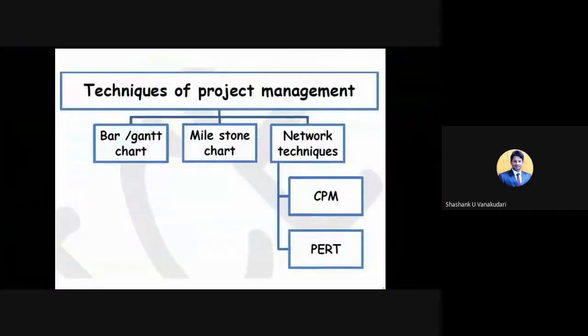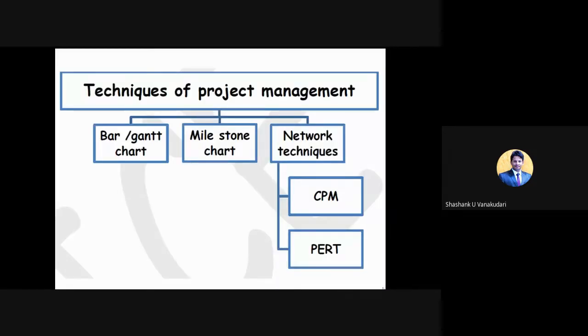So we'll start with the different techniques of project management. I think in the previous sessions we have discussed in brief regarding these techniques, but now we'll study in depth. In project management, we'll be having different techniques. By using these techniques, we can easily work out all the project management aspects, such as with respect to time, duration, and resources.